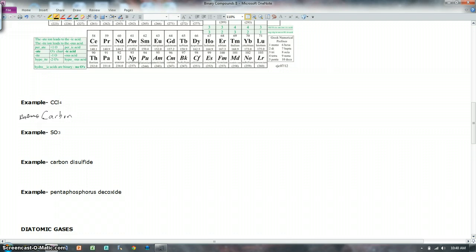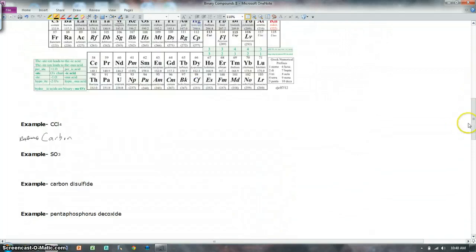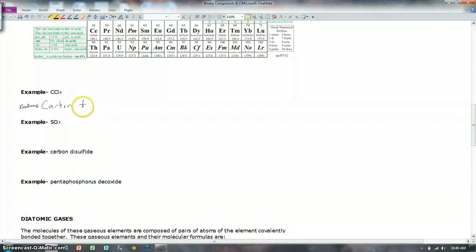And then it's chloride. There's 4 of them, and if you remember, 4 is tetra, so we go with tetra. Cl is chlor, and we're going to use the suffix "ide." So this becomes carbon tetrachloride.